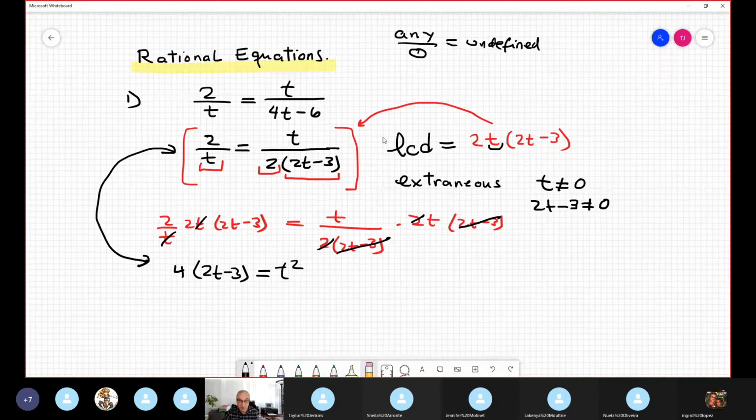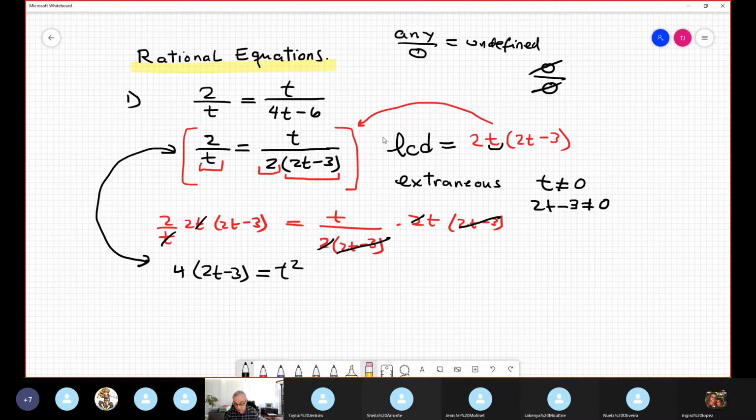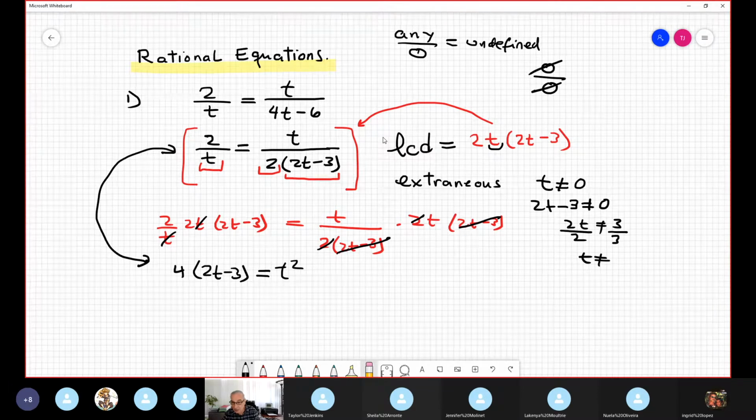The factor that you include here is not 0, because 0 divided by 0, if I cancel out, this is a mistake. It's a mistake for this value, but for the rest of the values, the super majority, no. So 2t is equal to 3, t equals 3/2. So actually illegal is 3/2, sorry.